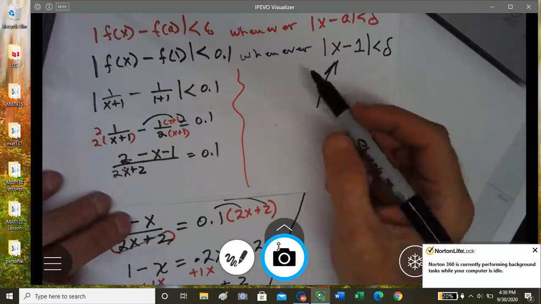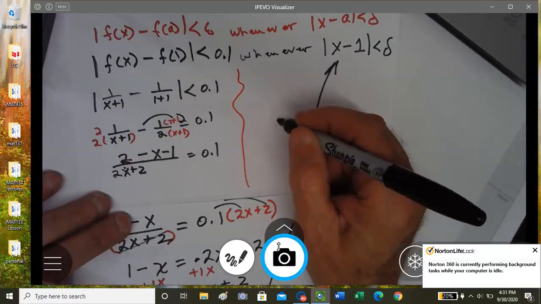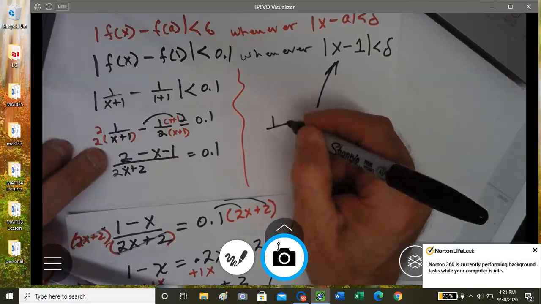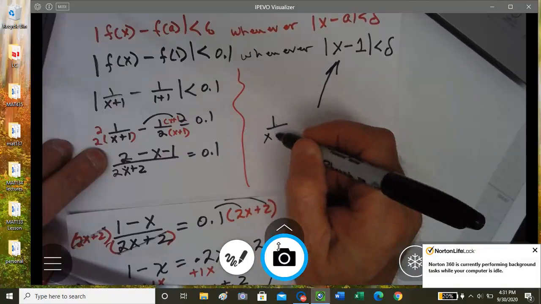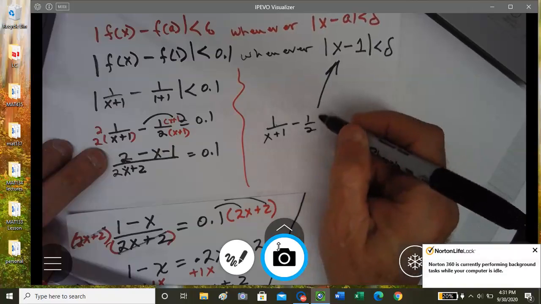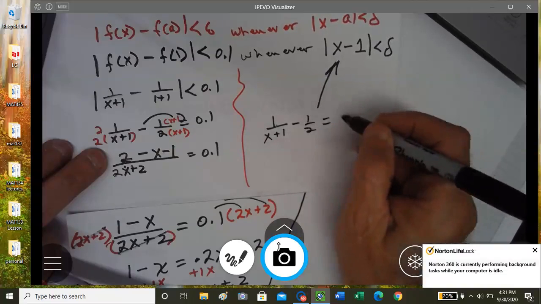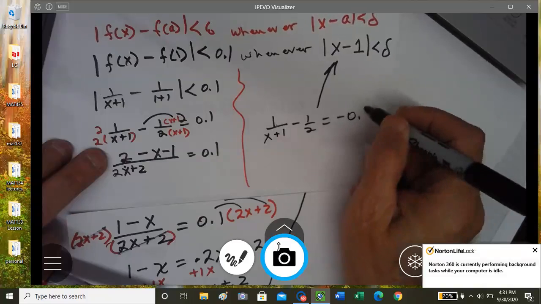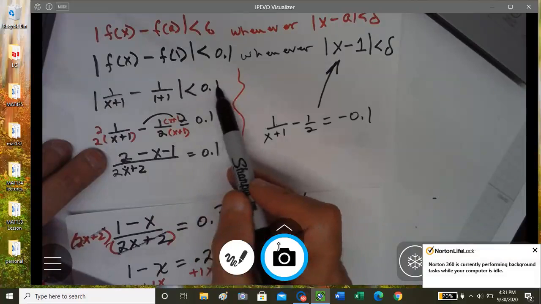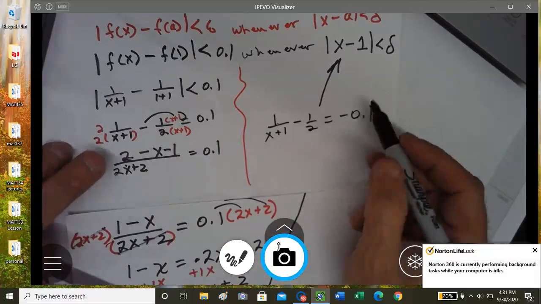So now we're going to look at the same thing, 1 over (x plus 1) minus 1/2 again is equal to a negative 0.1. So because of the absolute value, we're looking at positive 0.1 and now a negative 0.1.